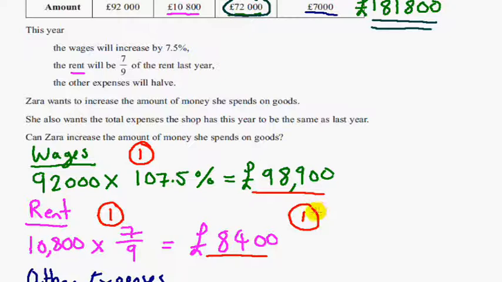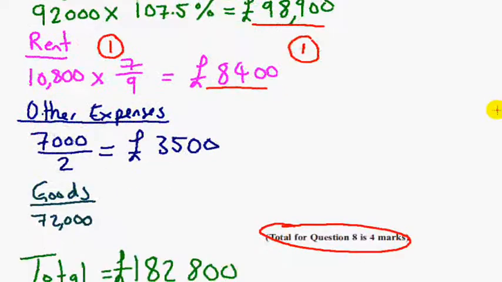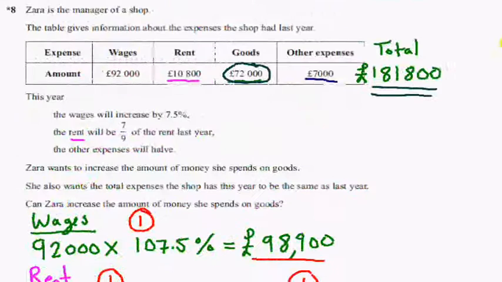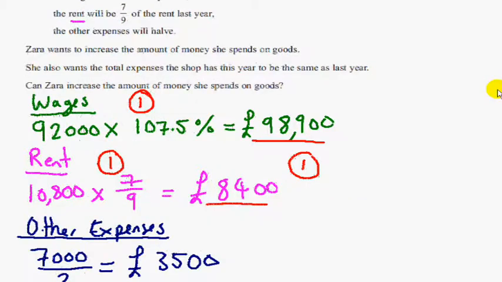And the fourth mark is for the statement, which we have here. But that must be backed up with 182,800 against 181,800.